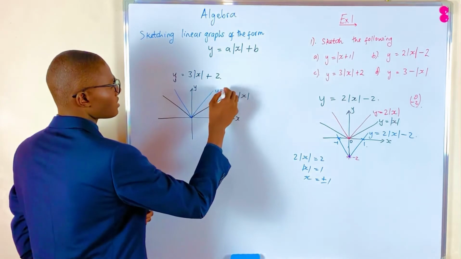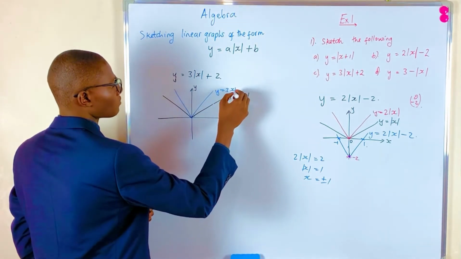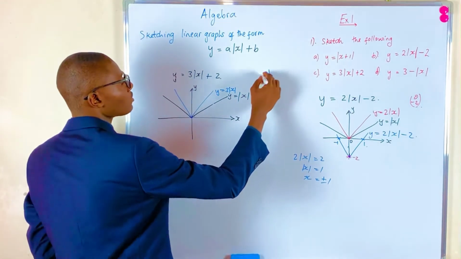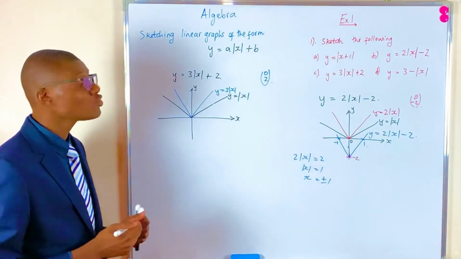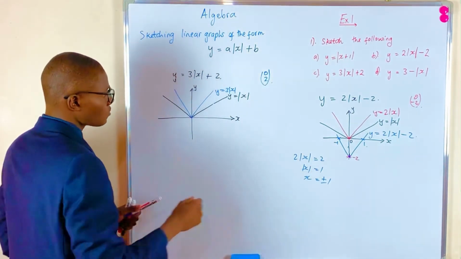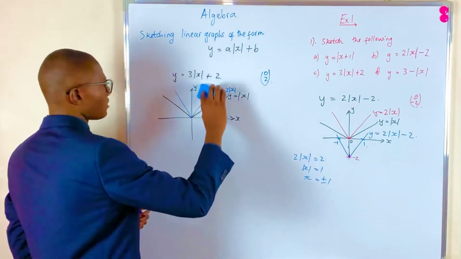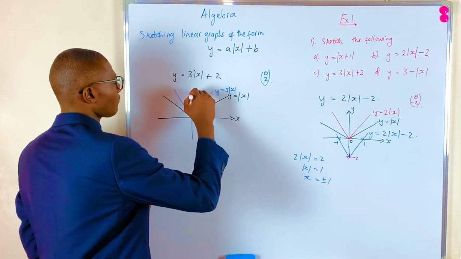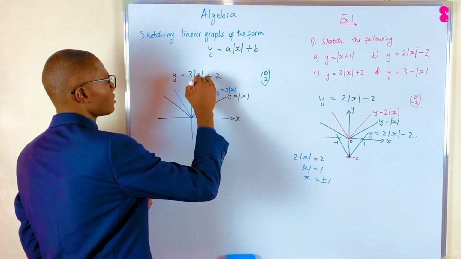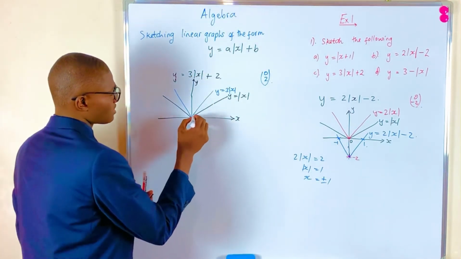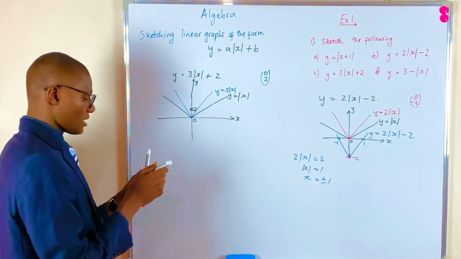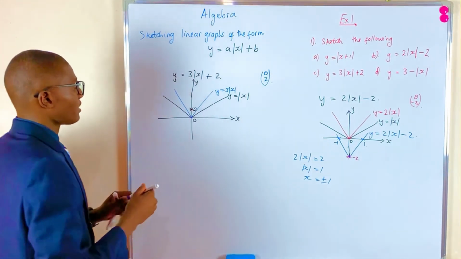So y is equal to 3 modulus of x. Then if you translate it by the vector (0, 2), in other words, we are moving it 2 units upwards, let me make this continuous here. So if this is 0, let's say we've got a 2 somewhere there. It means it will be something like this.